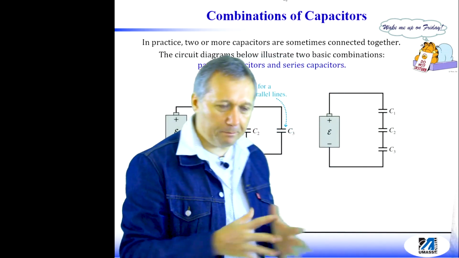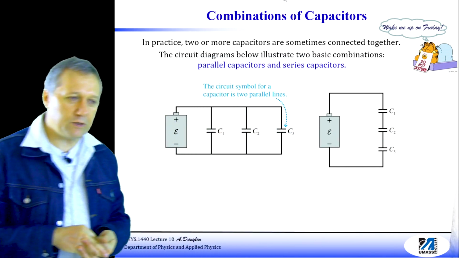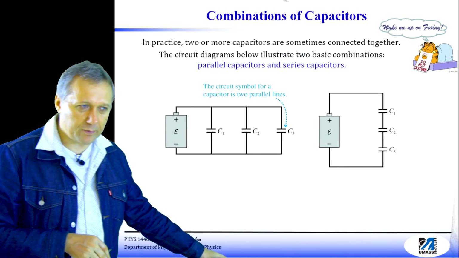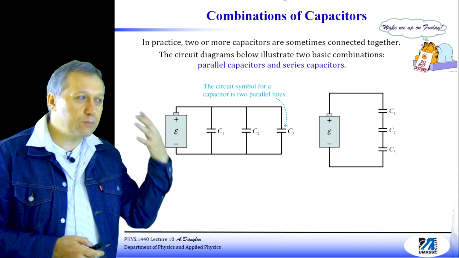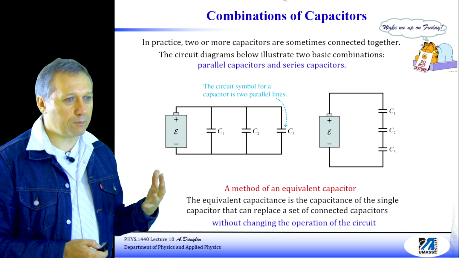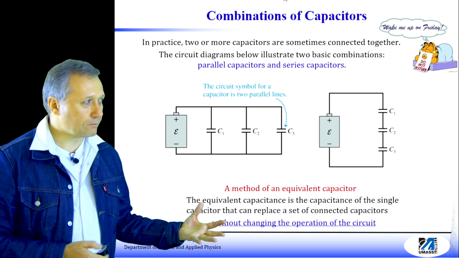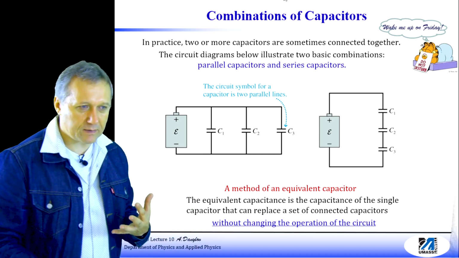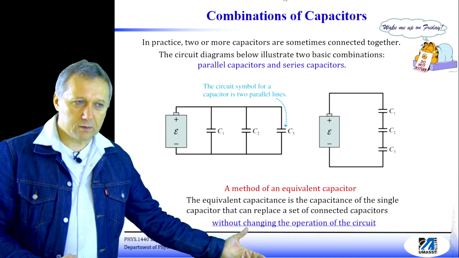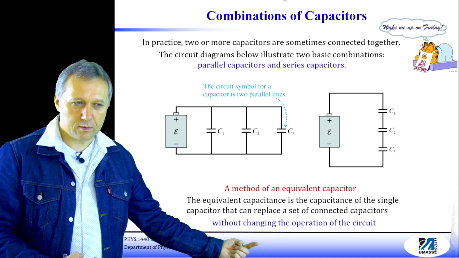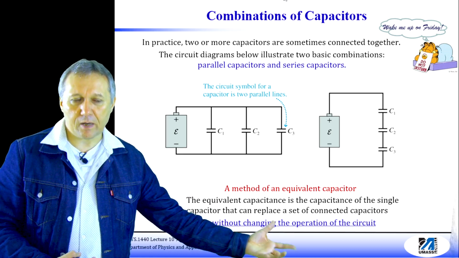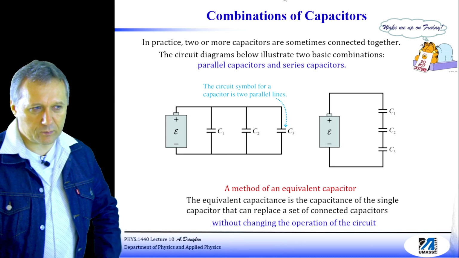That's how we are going to develop this method of an equivalent capacitance. It's an important part of the description of this method: the rest of the circuit must work in exactly the same way.